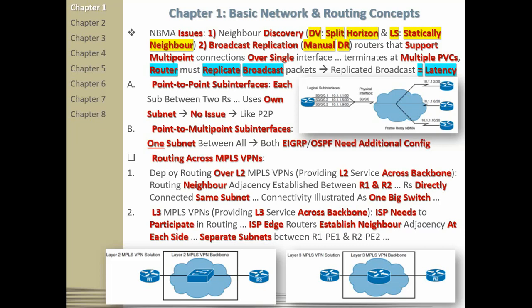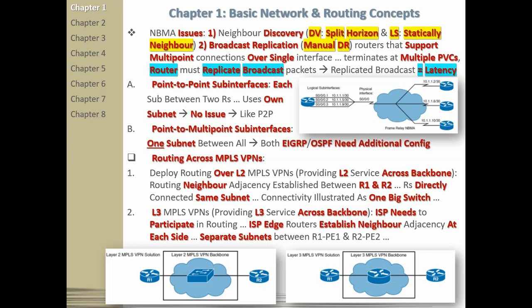What you can see in this figure, unlike the previous figure, is a point-to-point subinterface configured between each of these two routers. So again, we have a hub and spoke frame relay NBMA network, but as you can see, we have different subnets. Each subnet between two routers, let's say the one on the left and each one on the right, has its own network address and its own subnet mask.